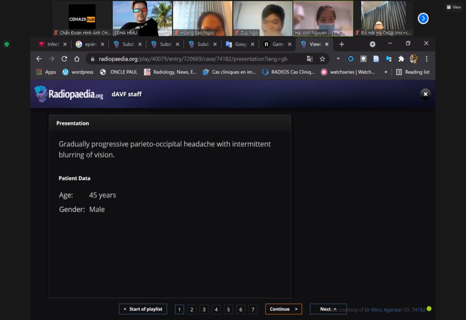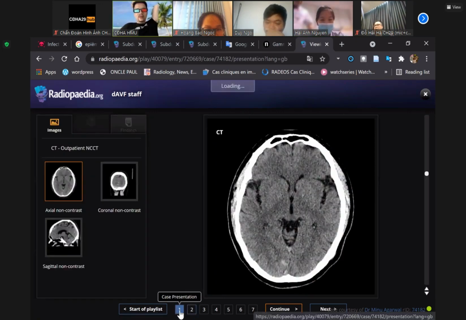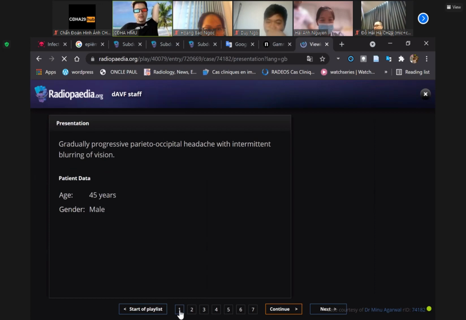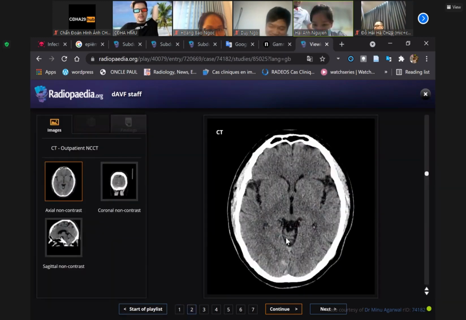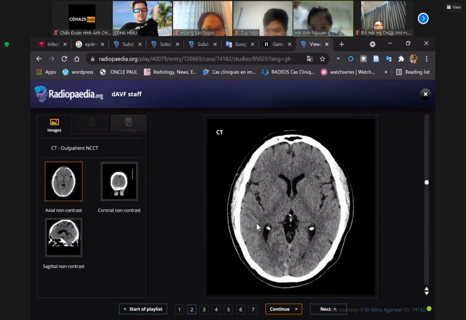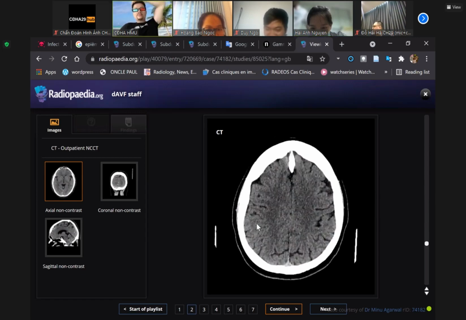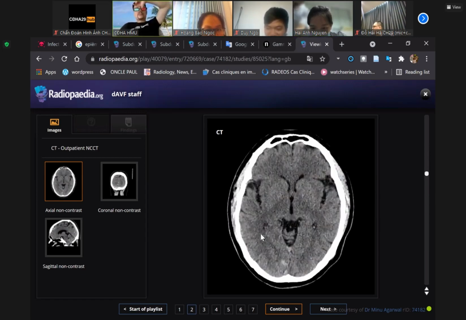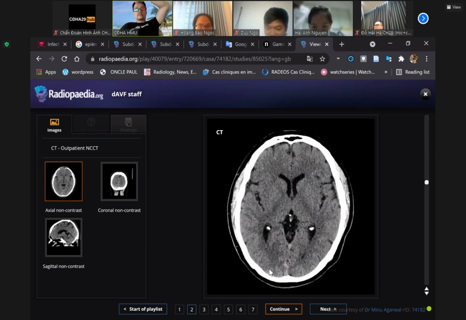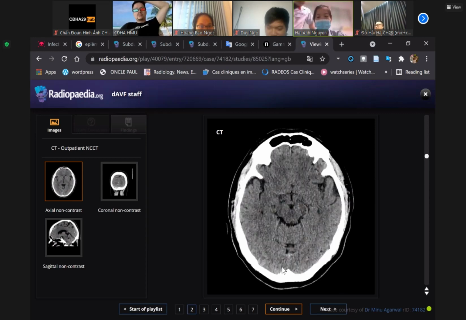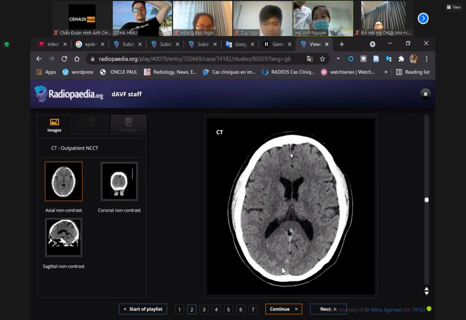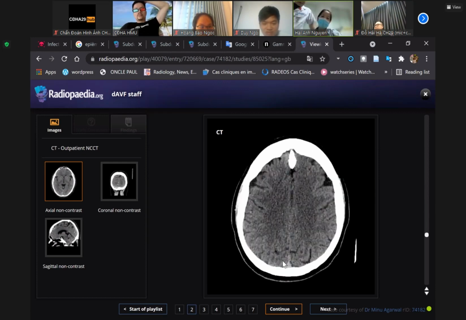Headache and loss of vision. The location of the headache gives you a clue of the location: parietal occipital. There is a little bit of hemorrhage, subarachnoid hemorrhage, very close to the SSS in the posterior.